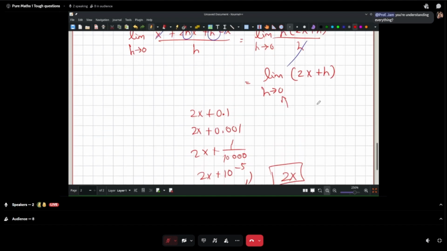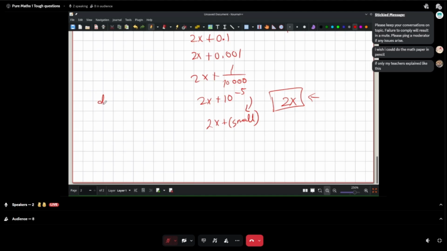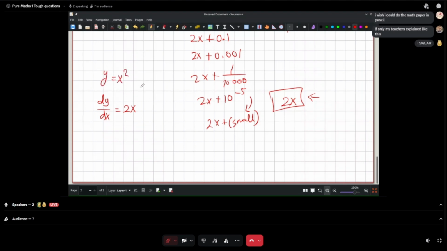Because you're adding something to 2x, but you're making that thing smaller and smaller until it's basically nothing. So this is the gradient of the line connecting those two chosen points as the points get closer and closer. And that is exactly the definition of the derivative. So from this we have the derivative of x squared is 2x.